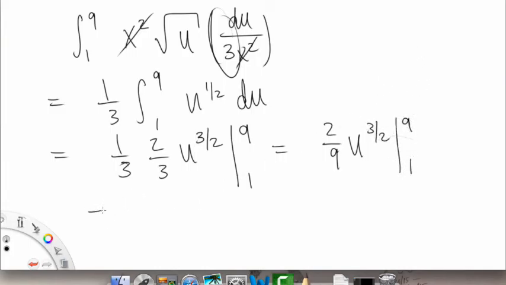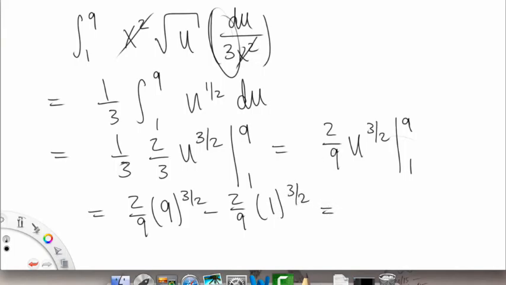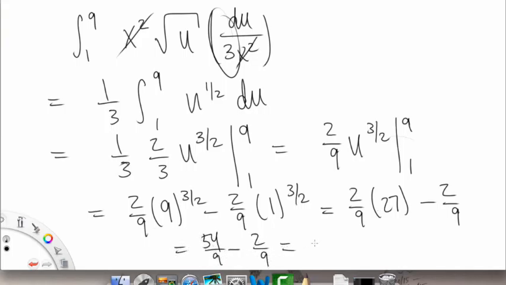When we evaluate this, we get 2 over 9 times 9 to the 3/2 minus 2 over 9 times 1 to the 3/2. This turns out to be 2 over 9 times 27 minus 2 over 9, which is 54 over 9 minus 2 over 9, which is equal to 52 over 9.